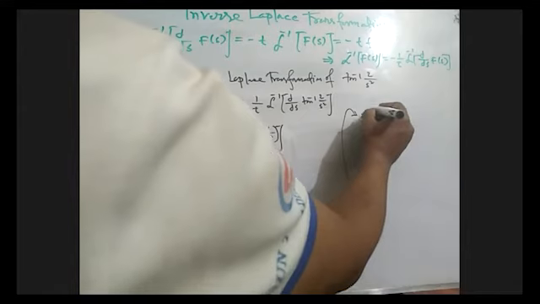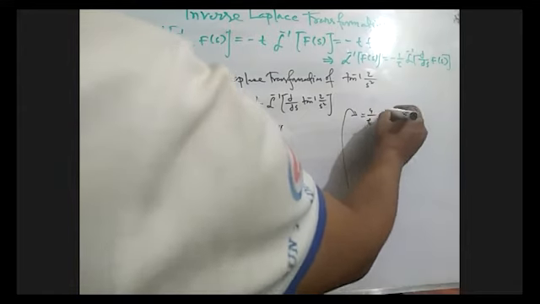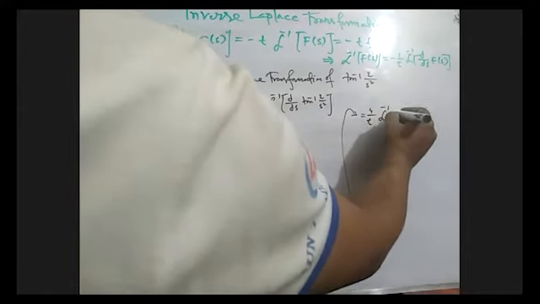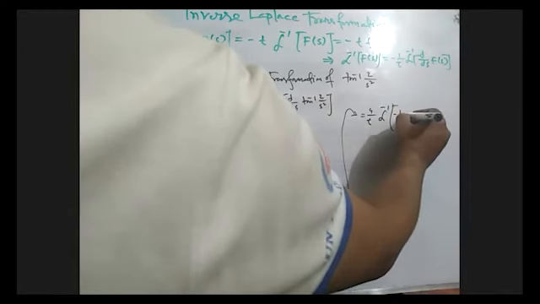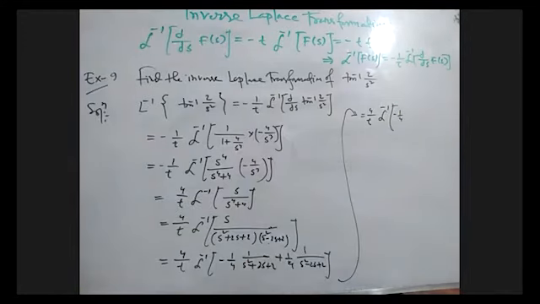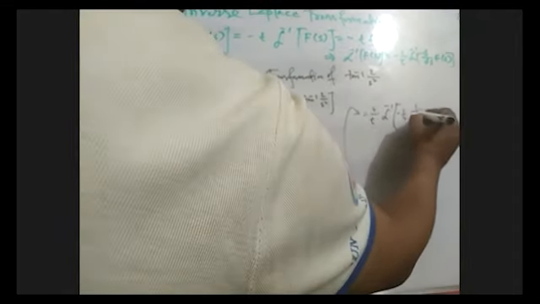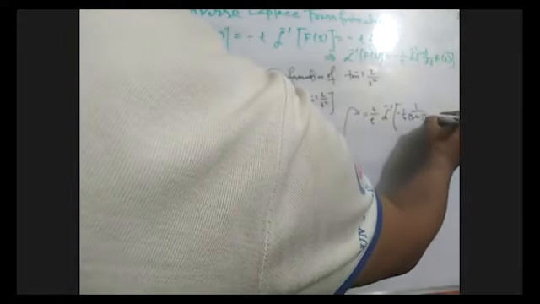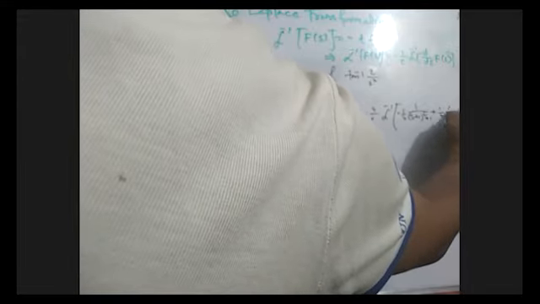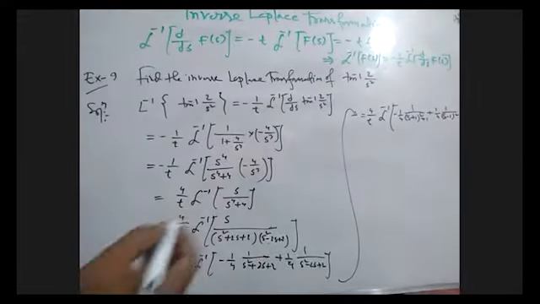So this can be written as 1 by 4t inverse Laplace transformation of minus 1 by 4 times 1 divided by ((s plus 1) whole square plus 1), plus 1 by 4 divided by ((s minus 1) whole square plus 1).